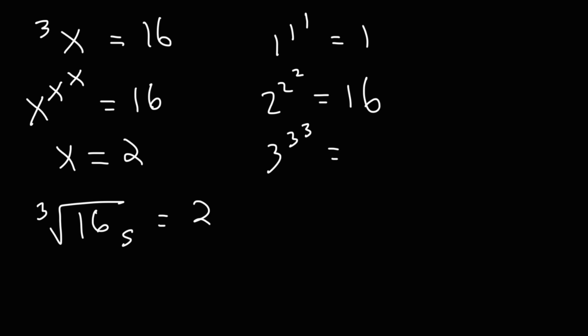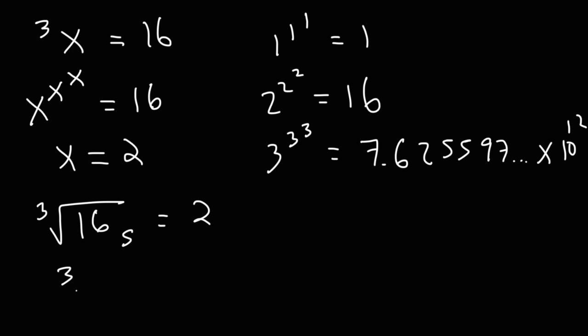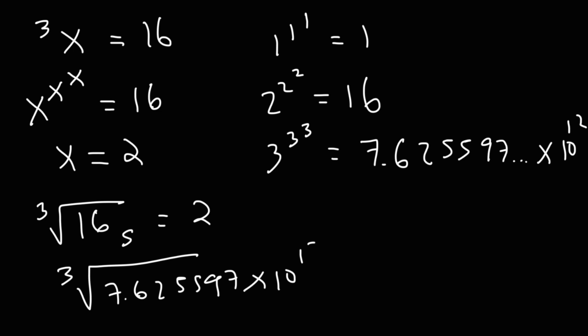That's going to be a big number. 3 to the 3rd is 27, and 3 to the 27, we said it's 7.625597, and some other numbers, times 10 to the 12. So if we take the supercube root of that number, this will give us 3.